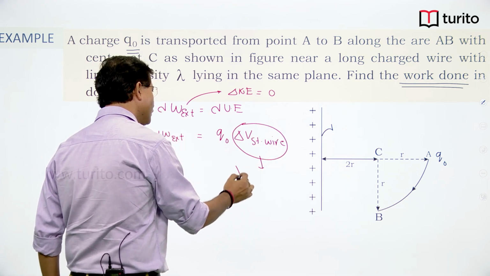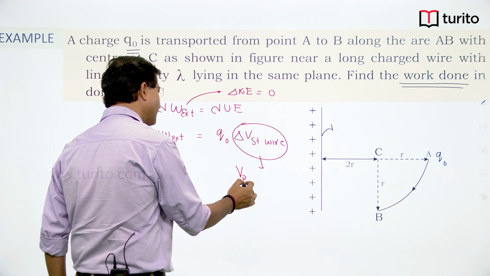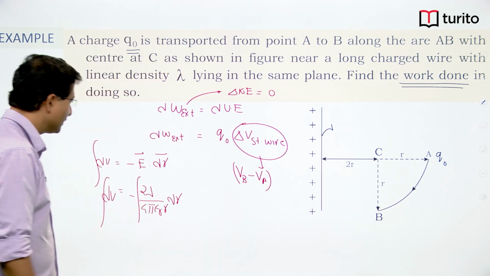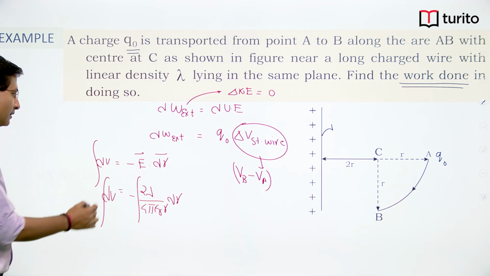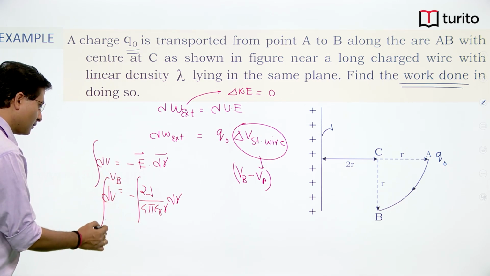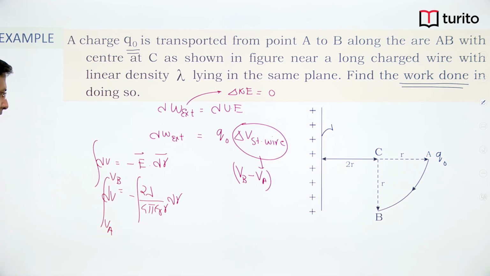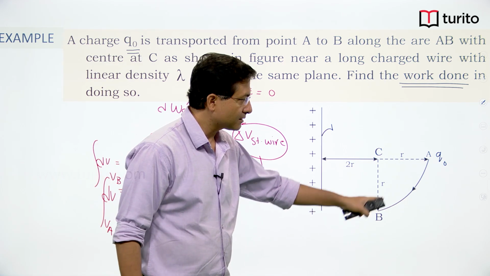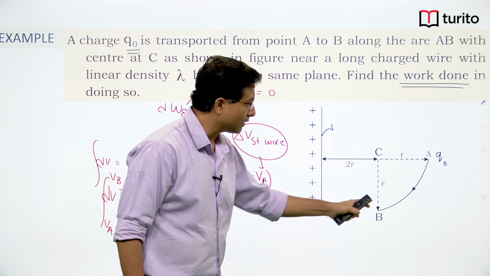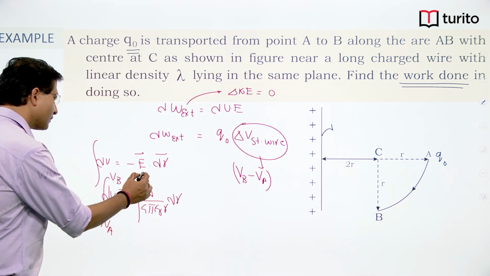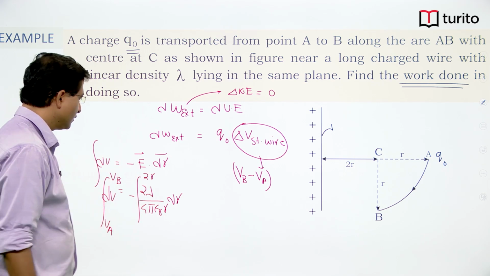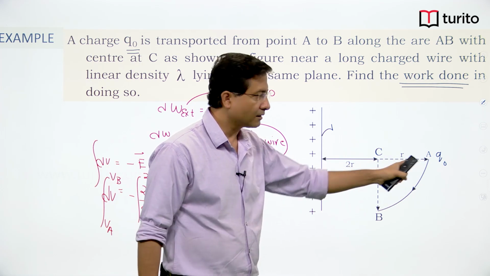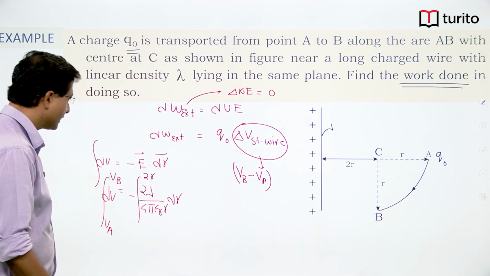So, this is VB minus VA, final minus initial. I will put limits accordingly, VB here, VA here. When at B the particle is at distance 2r, and when it was at A, the particle was at distance 3r. So, here I will add 3r.